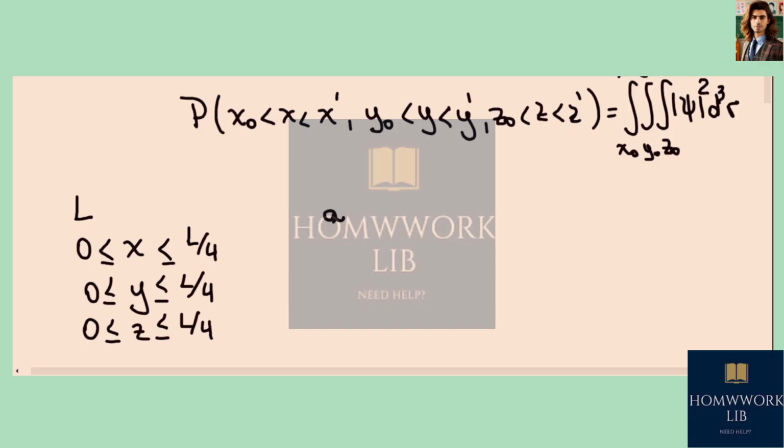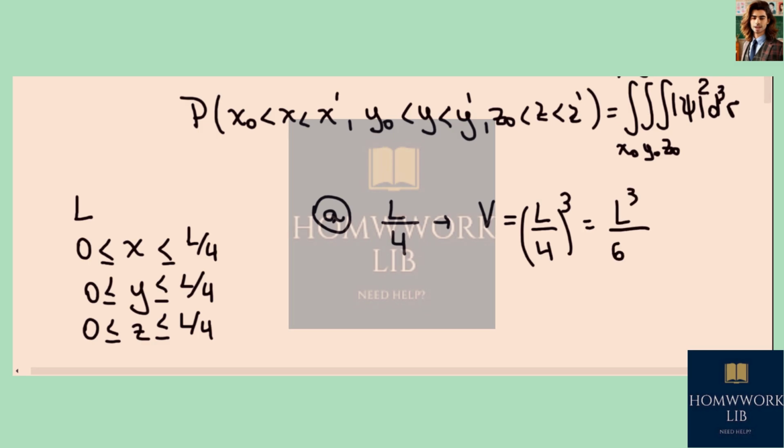And in question A, we have to find what is the portion of the volume that is occupied by this region of the box. So consider a box that instead of having a length L, has a length L over 4. In that case, the volume of the box is equal to (L over 4) cubed. So this is L cubed over 64.